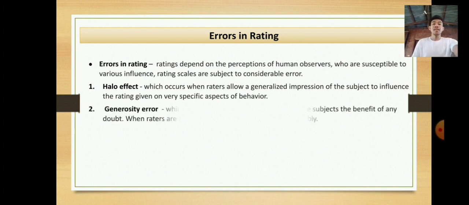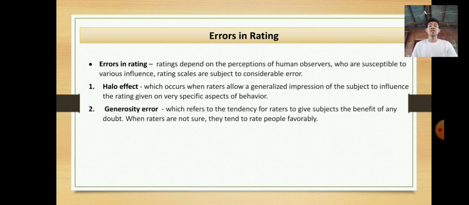So number 2, generosity error, which refers to the tendency for raters to give subjects the benefit of any doubt. When raters are not usually sure, they tend to rate people favorably. So kung hindi ka sure, generosity error yung ginawa mo, which is nirate mo na siya sa positive way, favorable ka na sa kanya.